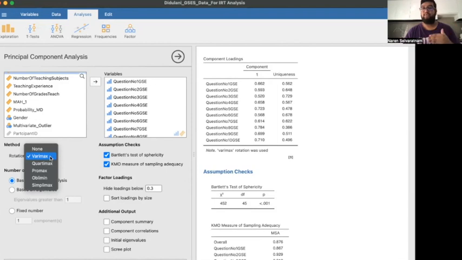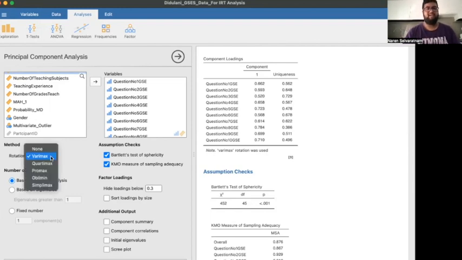So there are some oblique types of rotation. For example, oblimin is an oblique type of rotation. And sometimes in certain scales, the factors do not correlate with each other. In that kind of situation, we use orthogonal rotation techniques like Varimax. If I remember it correctly, yes, Varimax is an orthogonal rotation technique.